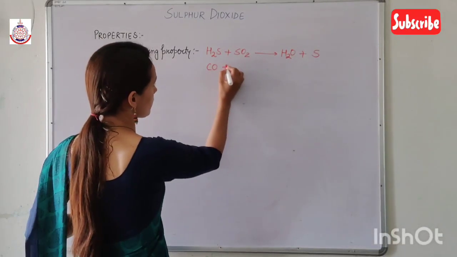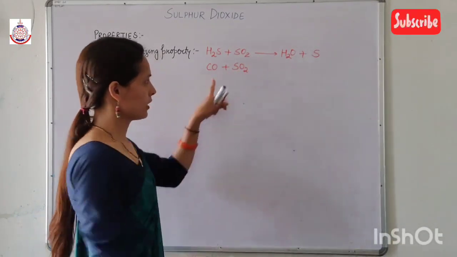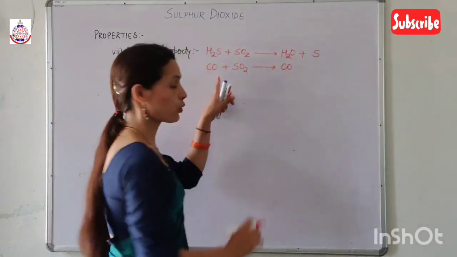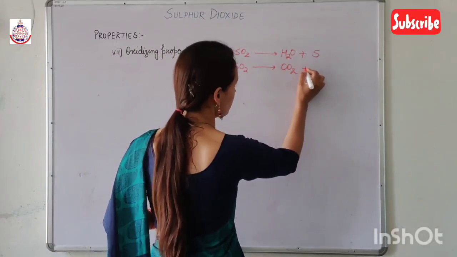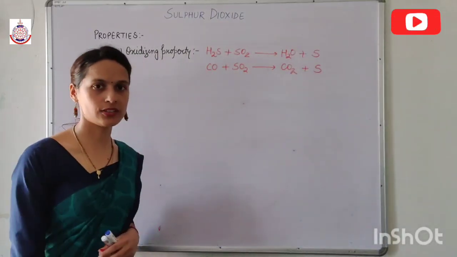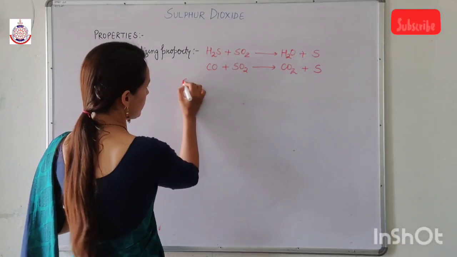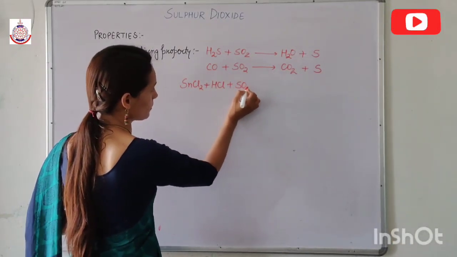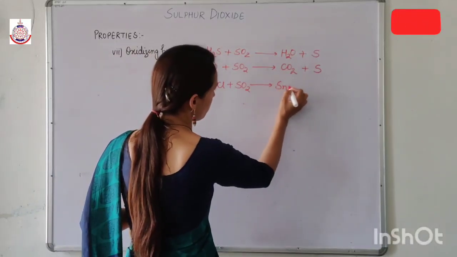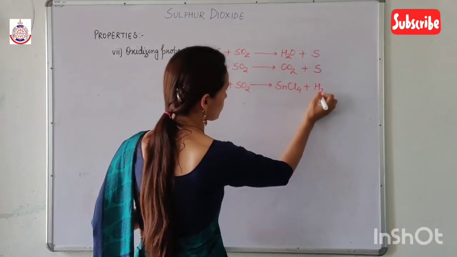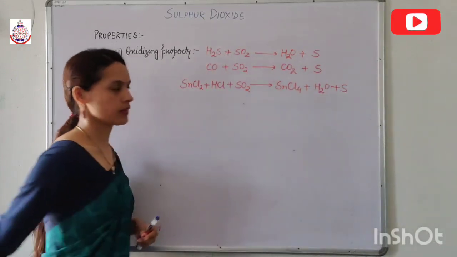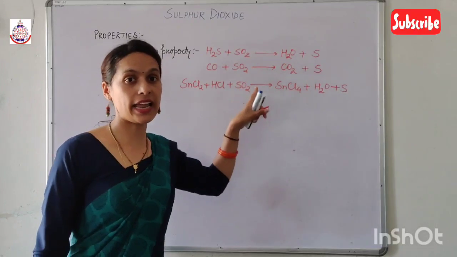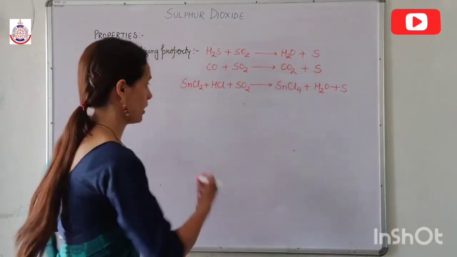Similarly, when it reacts with carbon monoxide, it forms carbon dioxide plus sulfur. When it reacts with SnCl2 in the presence of HCl, it forms SnCl4 plus H2O plus S. In this also, it is getting reduced, meaning it acts as an oxidizing agent.